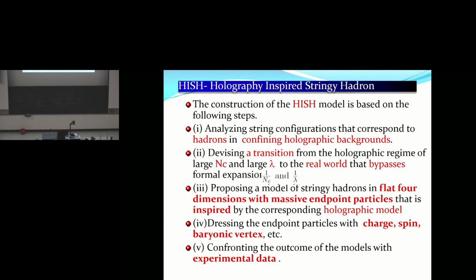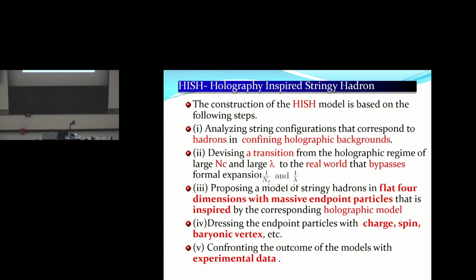In these kinds of backgrounds, one should analyze stringy configurations, and I'll show you in a minute which ones correspond to hadrons. Now, the problem, of course, is to go from the holographic regime to nature, and that is something that I do not know how to do.